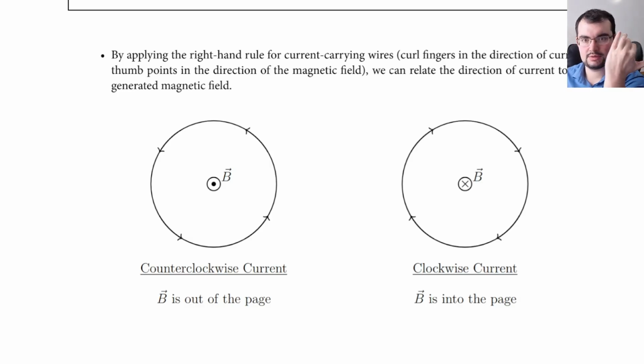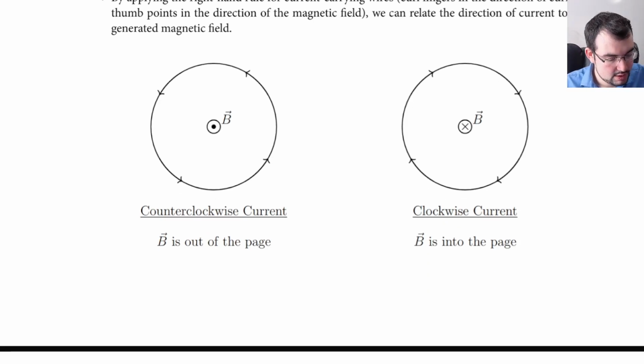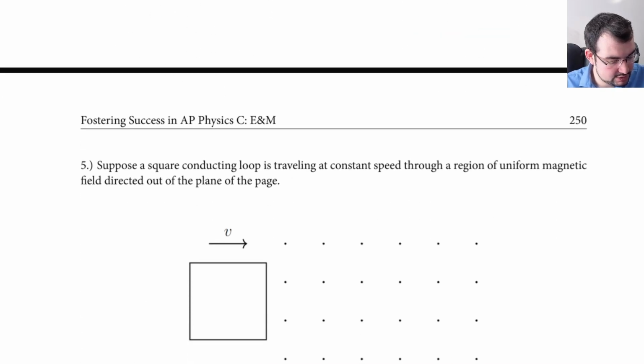And if they're clockwise, my fingers are always going to point into the page. Wherever I try to grab the loop, my fingers curl the same way. So that's just a consequence.